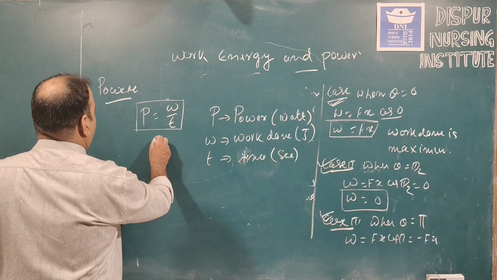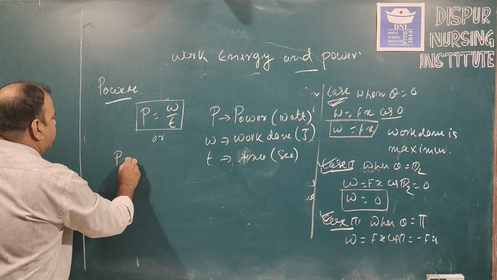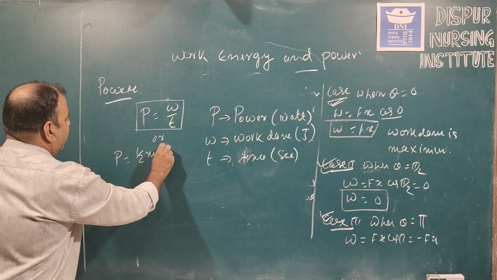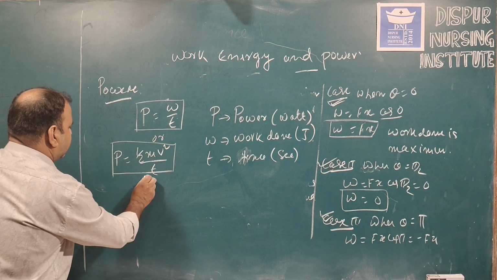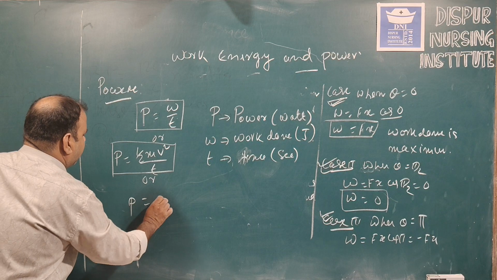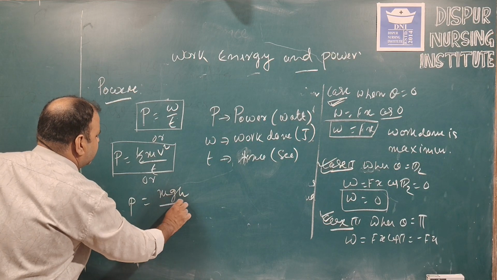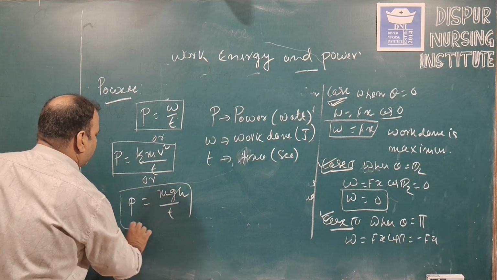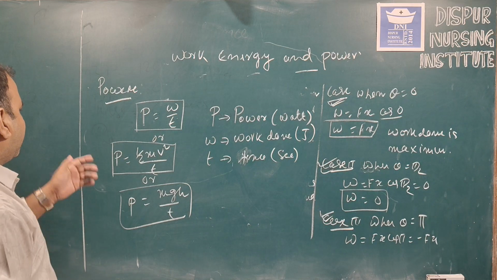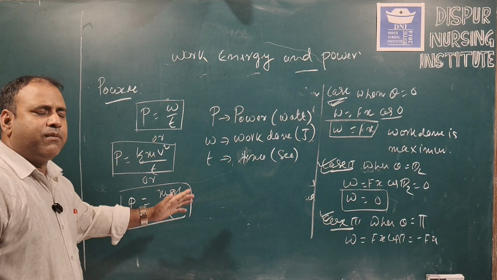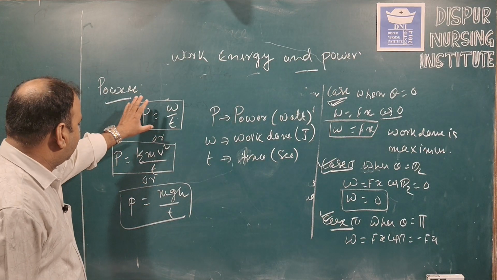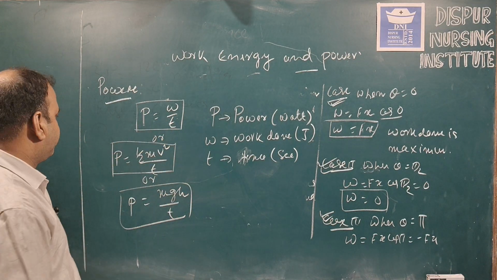So we can also write this formula like this: P is equal to half mv square by T, or P is equal to mgh divided by T. So power can be expressed in terms of work done, kinetic energy, or potential energy. I think you already know all the physical significance.